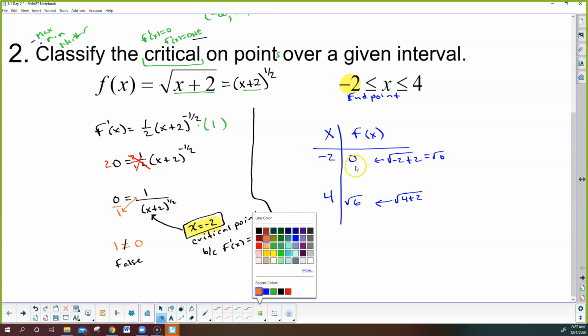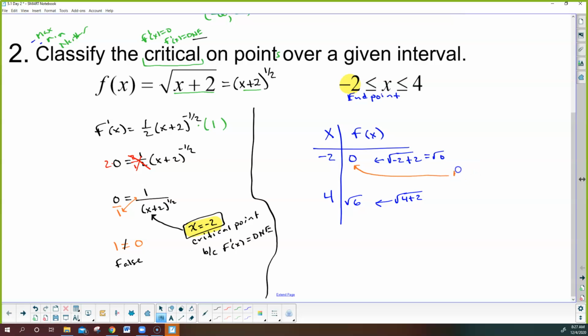So I now have a conclusion. We have an absolute minimum of 0 at x equals -2, because it's the lowest point of this function.